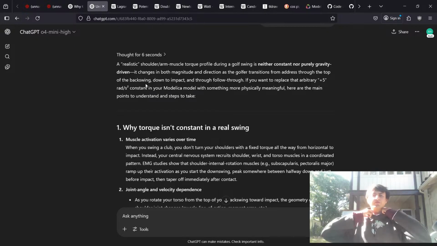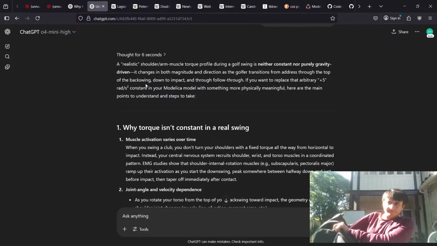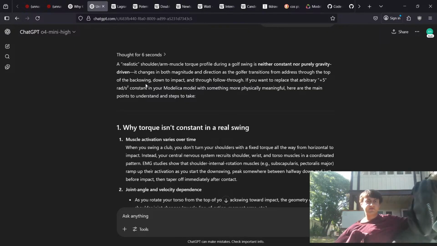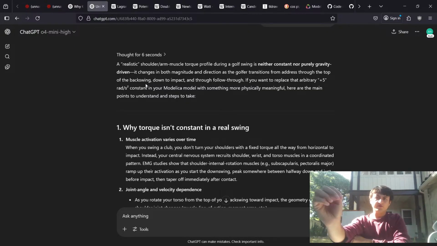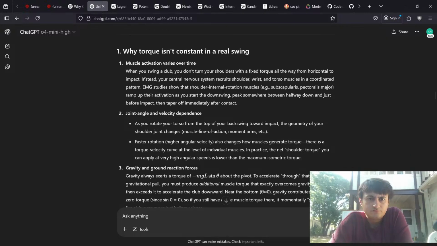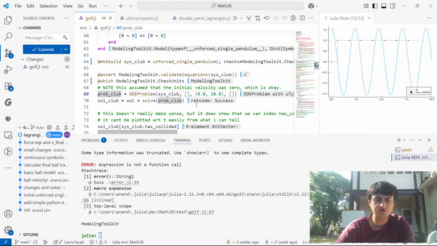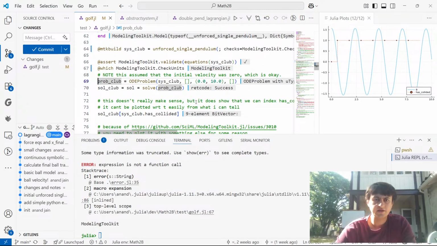It changes in both magnitude and direction as the golfer transitions from address through the top of the backswing down to impact and through follow through. If you want to replace that arbitrary point +5, okay, so maybe we should just do something silly.